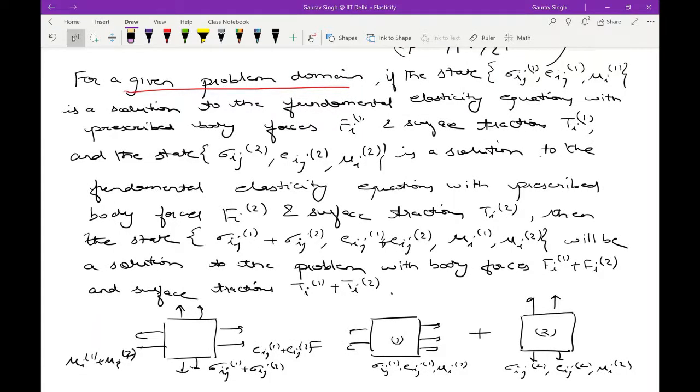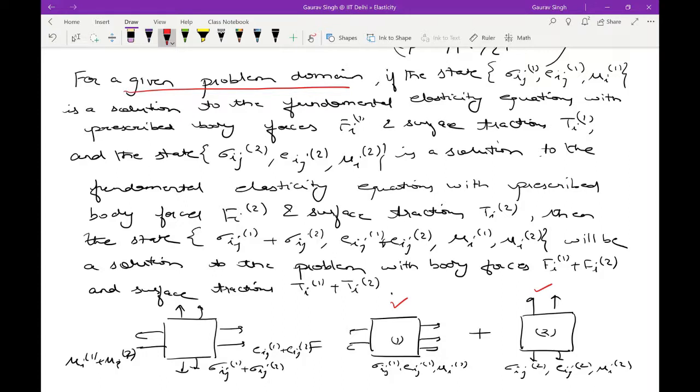Very simply, if you have very complicated boundary conditions, you can break your problem down into 2, 3, 4, 10, 15, 20, 100 smaller problems like this, and then individually solve those smaller, easier problems, find the stress and strain due to those individual problems and then just add them up, and that would be the solution to your very complicated loading problem.